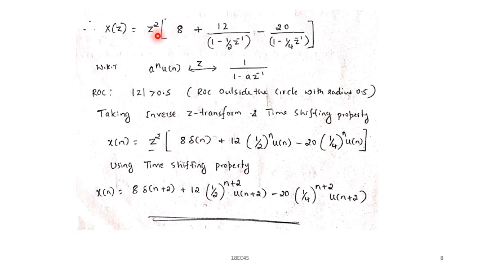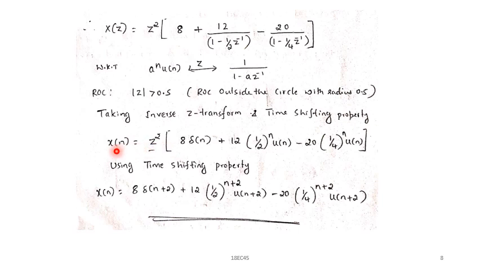Therefore x of n is equal to z square, I know that the inverse transform of a constant 1 is delta of n. So here 8 into delta of n, plus 12 into 1 by 2 to the power n u of n, minus 20 into 1 by 4 to the power n u of n. So I know the transform of this particular equation.